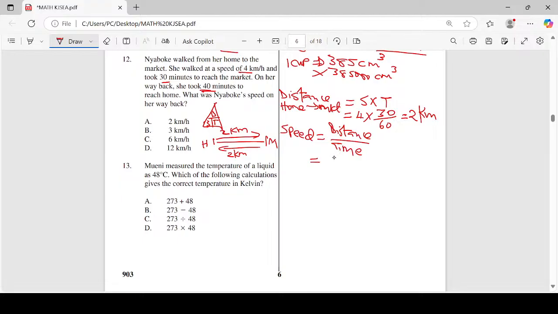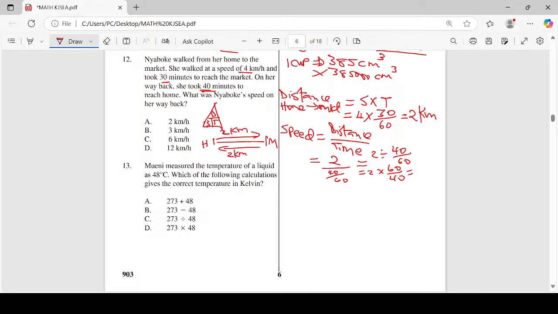So the distance here is 2 over the time, which is 40 over 60. When you divide 2 by 40 over 60, this is now like saying 2 times 60 over 40.